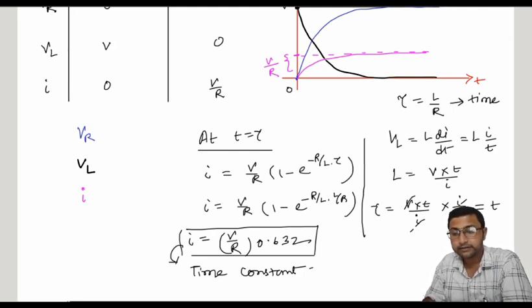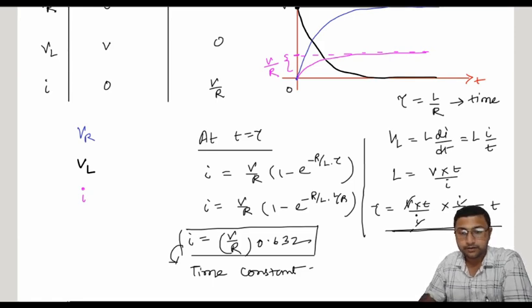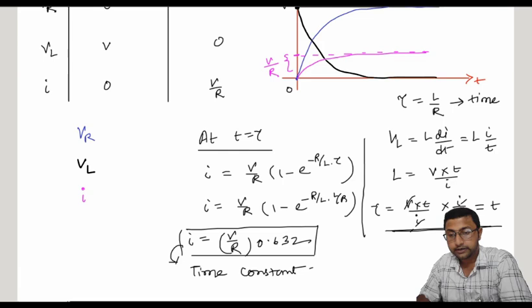That means the unit is that of time. So from there we can prove that the unit of the time constant is equal to time. It is very interesting. The unit of the time constant equals time, right?